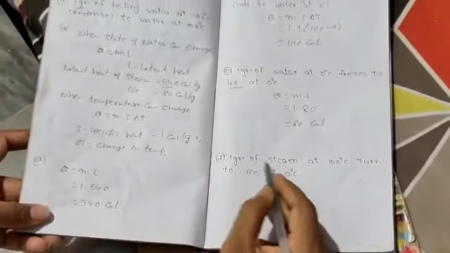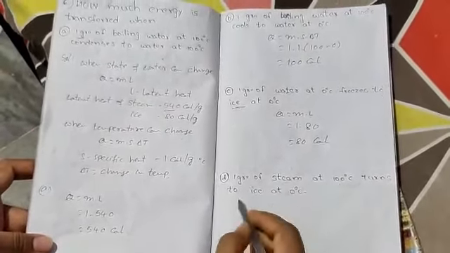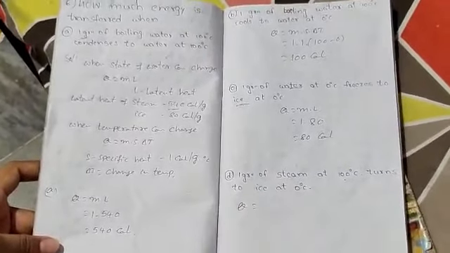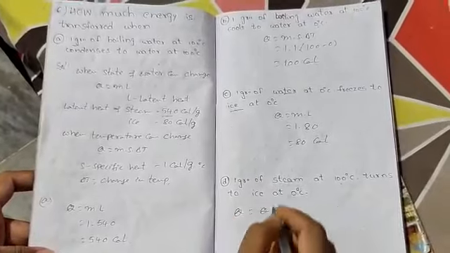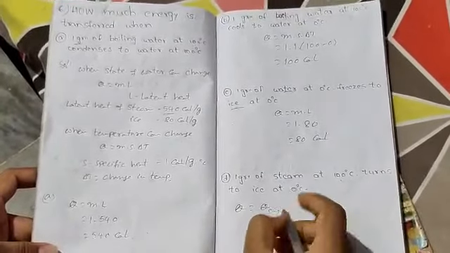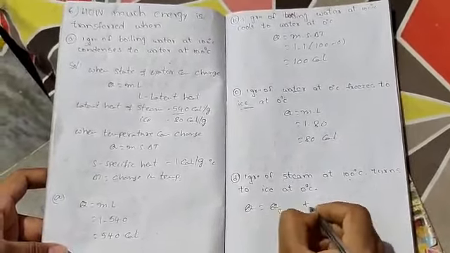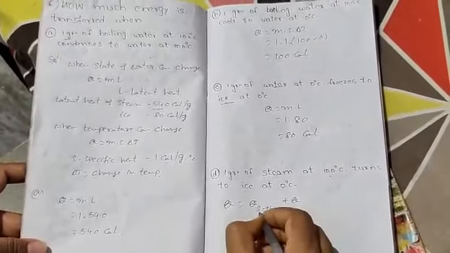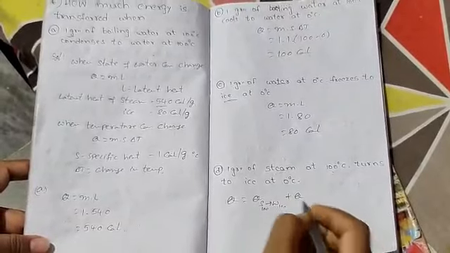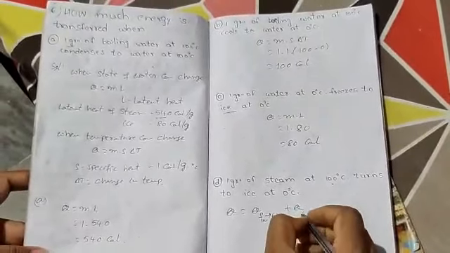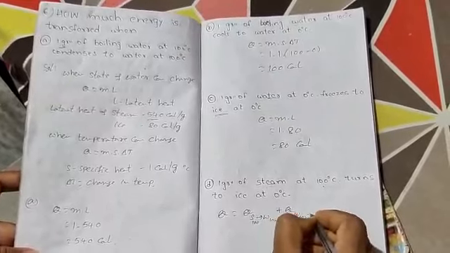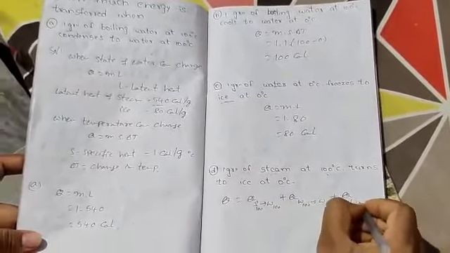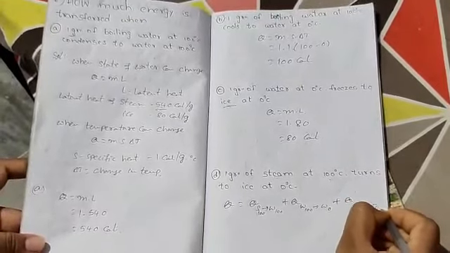Next one is 1 gram of steam at 100 degrees Celsius turns to ice at 0 degrees Celsius. That means there are several situations. First, steam at 100 to water at 100. Next, water at 100 to water at 0, plus water at 0 to ice at 0.